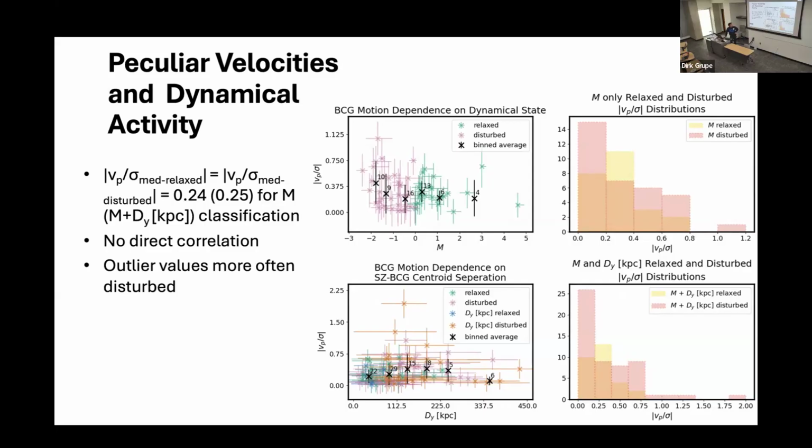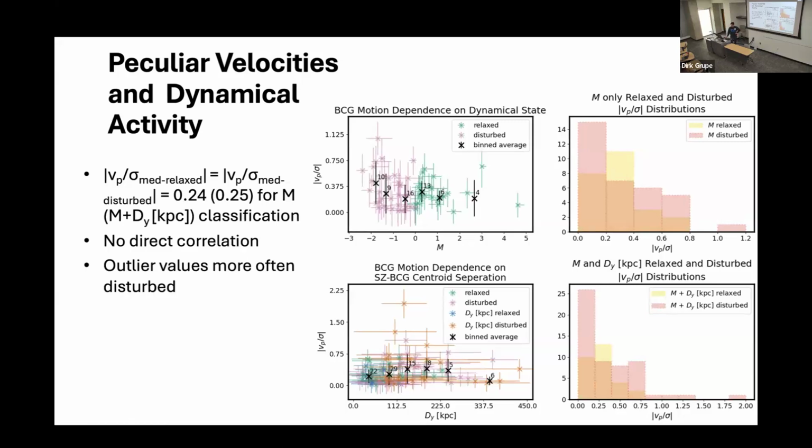And what we find is that when comparing these two measures, they don't seem to have a direct correlation. But we do see on the left end of this first plot that there seems to be a specific increase in BCG peculiar velocity for the most disturbed objects.